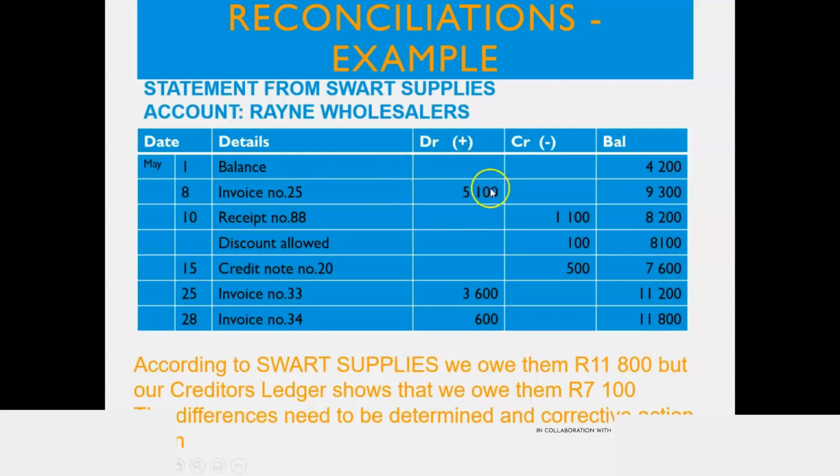So basically they're saying there's more things that they are owing us now. So this is an asset now. It's money we're expecting to receive. You get it? As SWOT suppliers. So obviously it means it will be on the debit side, which is the plus. And then we say 5,100 plus the opening balance, and then we have 9,300 out of that way.